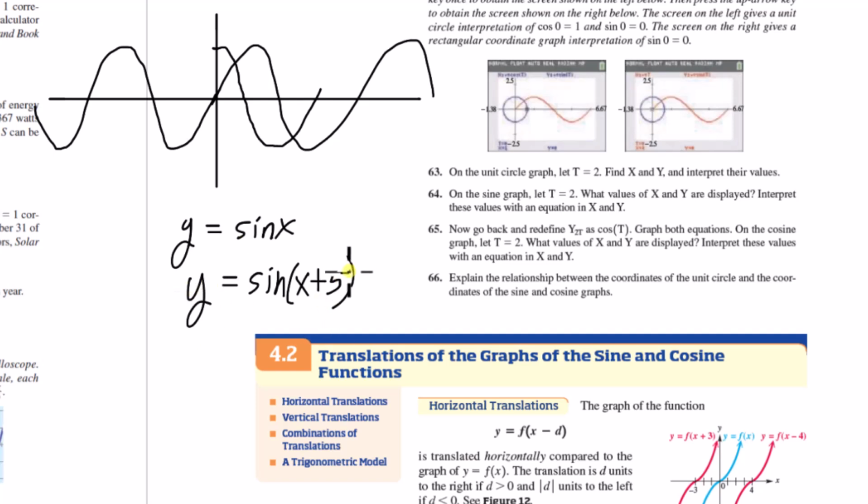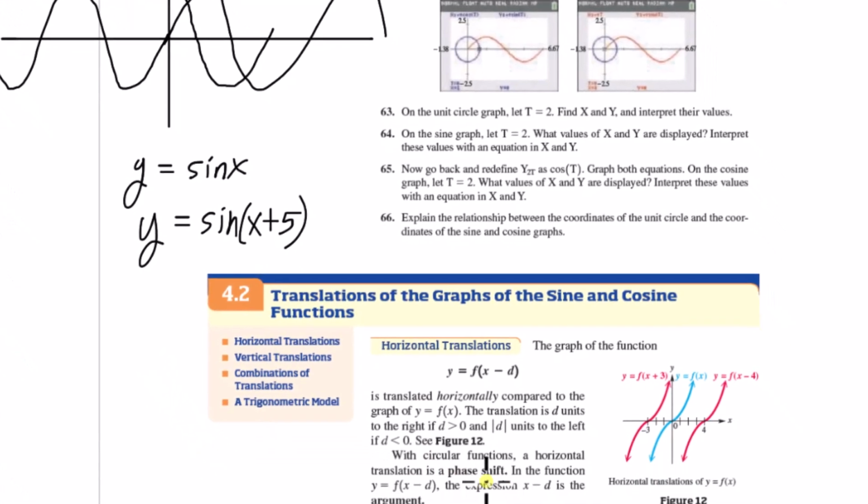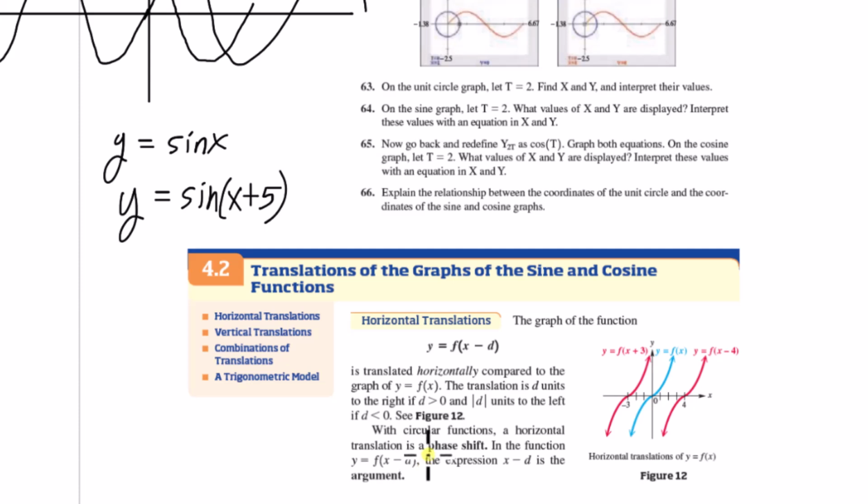In this case, the phase shift would be 5, and that's just telling you how far shifted you are from the pure sine or cosine function, whatever one you have. So a horizontal translation is a phase shift, and I think this is called the phase. I'll have to look up the exact terminology, but the phase shift tells you how far away you are from the pure definition of sine or cosine.